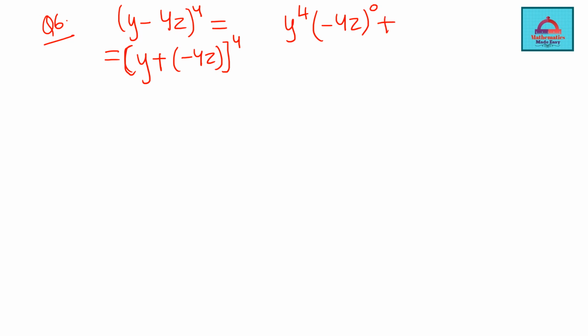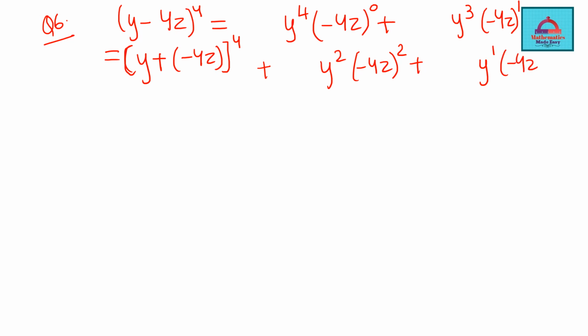Then I write y to the power 3, the power gets reduced, and for the second term it starts increasing. Next term is y to the power 2, it starts reducing, and minus 4z starts increasing. Next term, y becomes power 1, minus 4z becomes power 3. Next term, y becomes power 0, and minus 4z gets the maximum power.